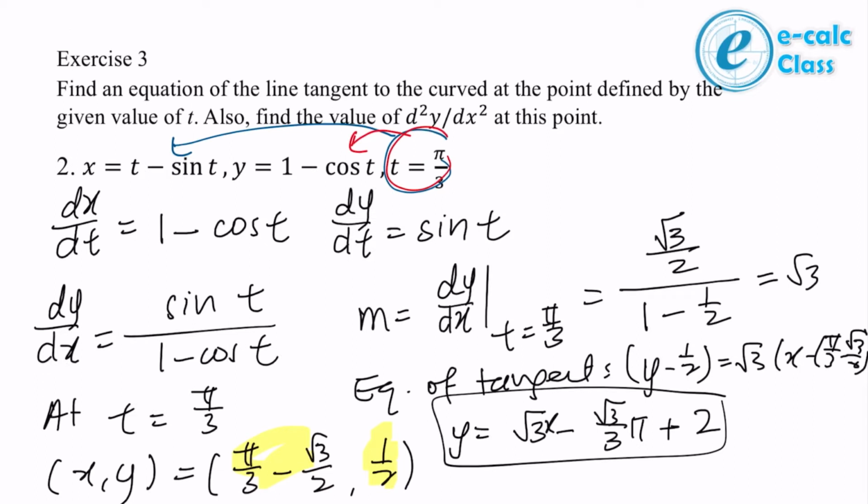Okay, so this is the equation of tangent. Next, second derivatives. d2y/dx squared, you go and differentiate this one. But I think we should differentiate separately first because it is already very complicated. It's a quotient rule there already. So d/dt of dy/dt, we differentiate this one. Let me copy it first: dy/dt is sin t over 1 minus cos t.